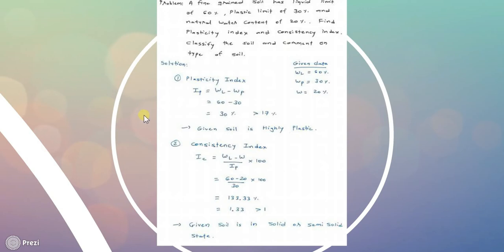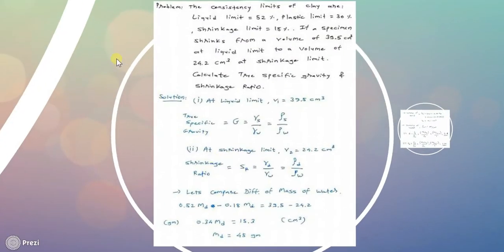You should practice this type of sums more. Let us go forward. Problem 3. The consistency limits of a clay are: liquid limit is equal to 52%, plastic limit 30%, shrinkage limit 18%.